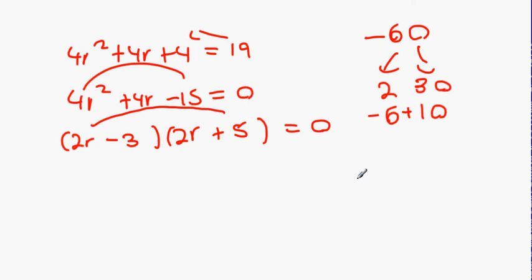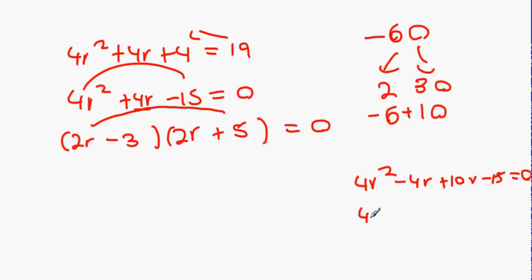Or you could do it the reference number way, where you'd break up the 4r into minus 4r plus 10r. Minus 4r plus 10r minus 15 equals 0.